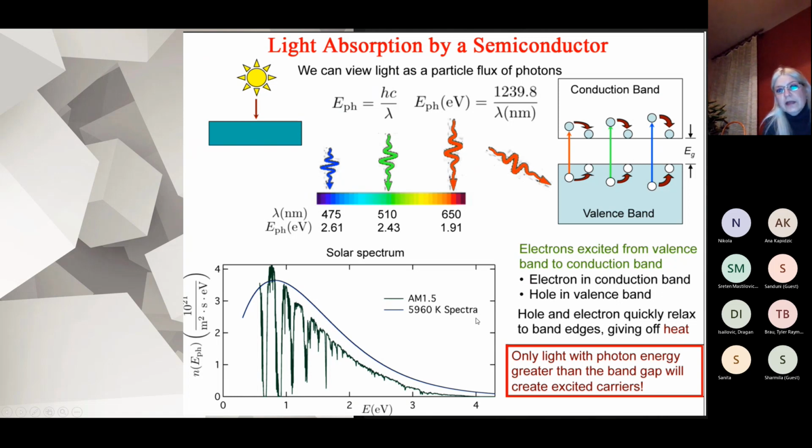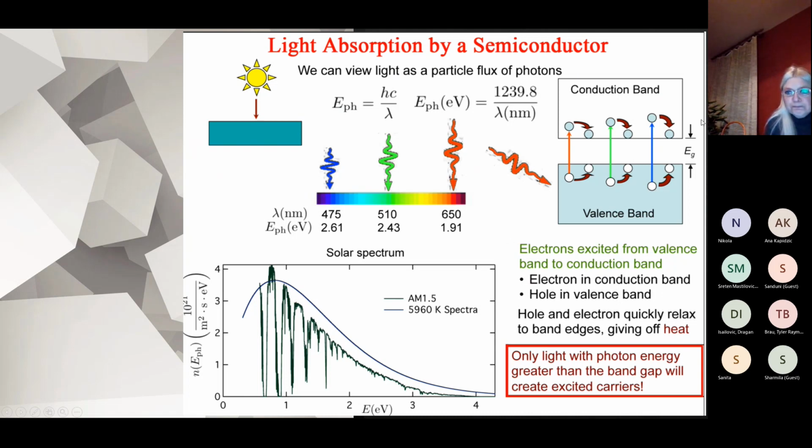The green line is for AM 1.5, and here is also plotted the dependency for the spectrum of a black body at almost 6,000 Kelvin, which fits quite well with the distribution of the photons.